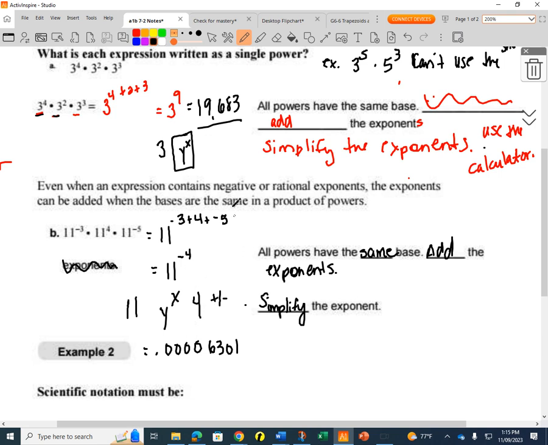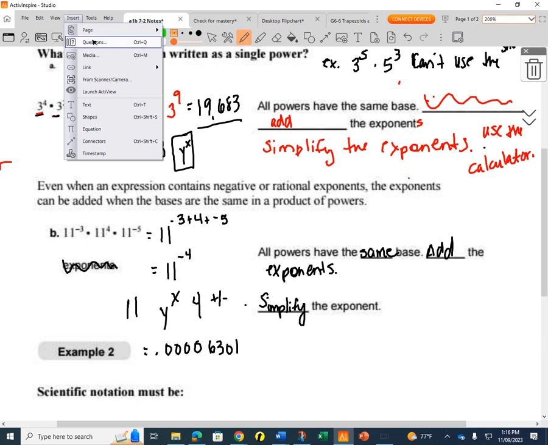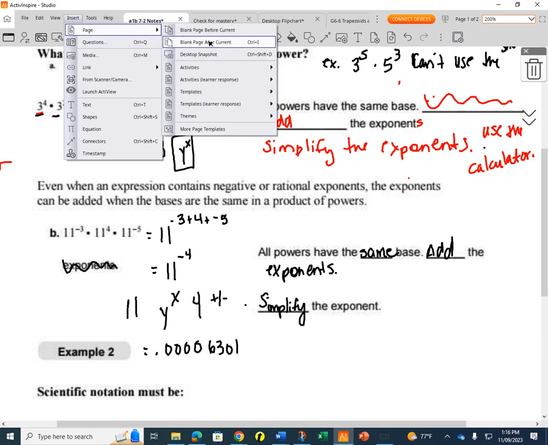Let's do one like number 8. So number 8 on your homework, it's negative 4k to the negative third times 6k to the fourth.